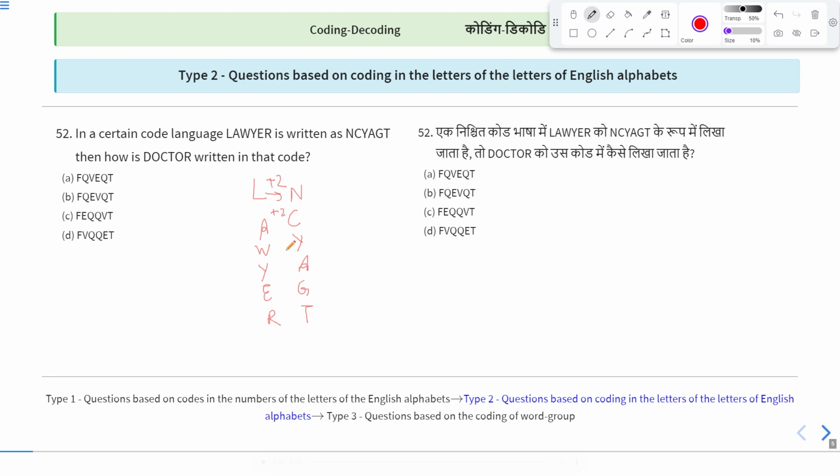Similarly, ABC, plus 2, plus 2, plus 2. Clearly, the code is a plus 2 code.